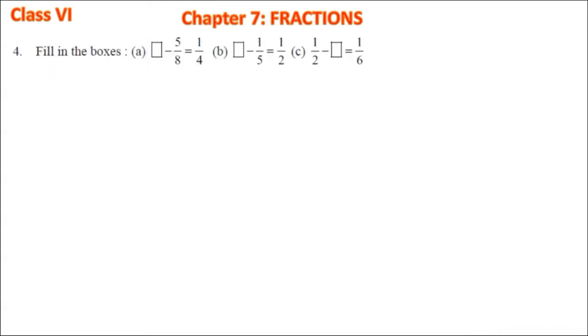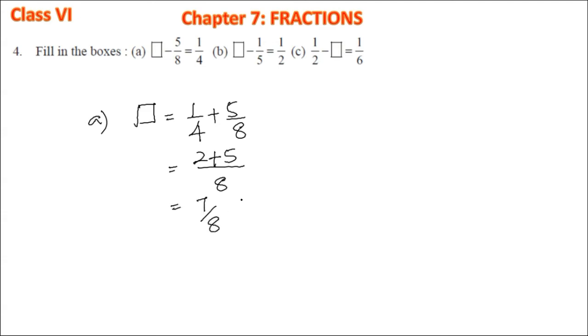This is again finding the missing box. This missing fraction, the first one, will be equal to 1 by 4 plus 5 by 8. The LCM is 8. So this will be 2 added to 5. We get 7 by 8. These two you can try.